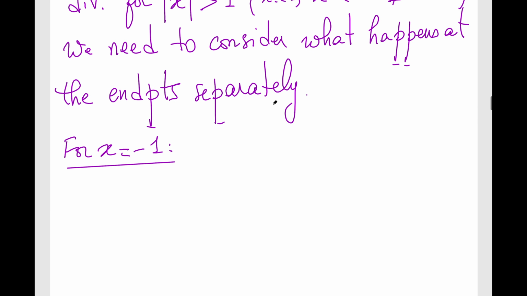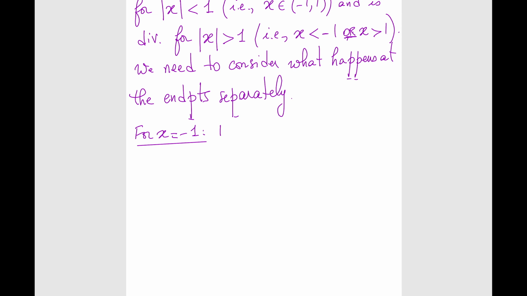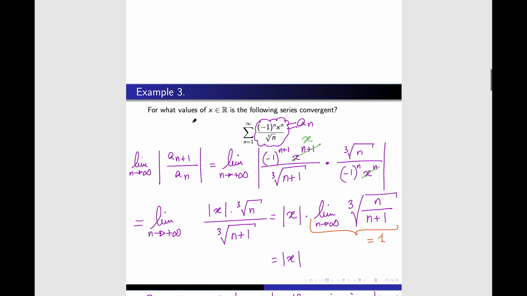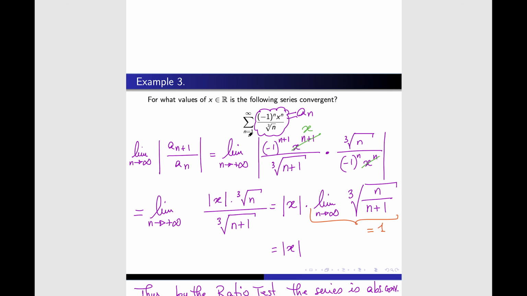So when x is -1, the series becomes sigma, (-1)^n, (-1)^n, as we said, replacing x by -1 now. And the series now starts at 1, right? As we know. Am I correct? It starts at 1. Yeah, okay.